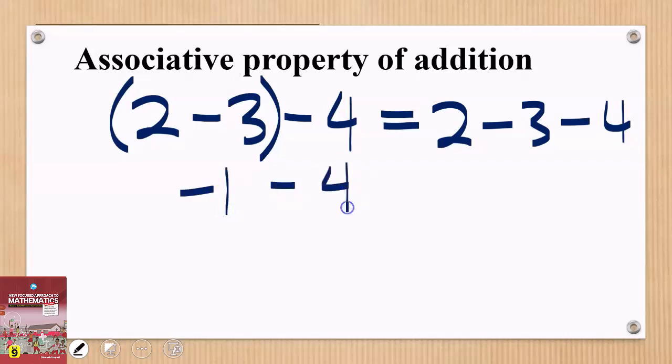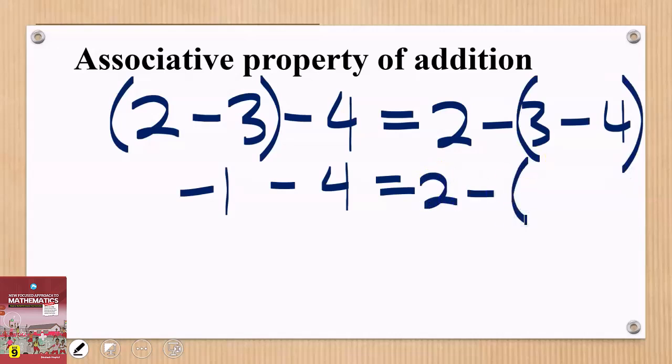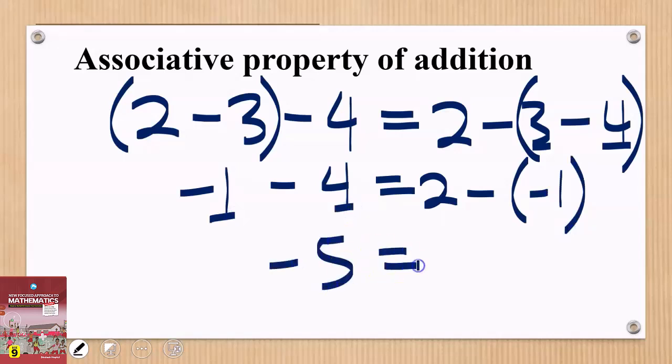Then I bring minus 4. What about the right-hand side? This time around, I want to do this one rather first. So I have my 2 minus into bracket. That is 3 minus 4 will give me negative 1. Now, I have negative 1 minus 4. That is negative 5. I have 2 minus negative 1, and that will give me 3.